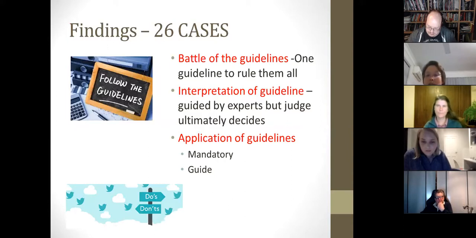And usually there's no problem with the experts deciding which guideline should be followed, or is the most authoritative one. And in the interpretation of the guidelines, the judge is guided by the experts, but ultimately he can decide against the expert advice.